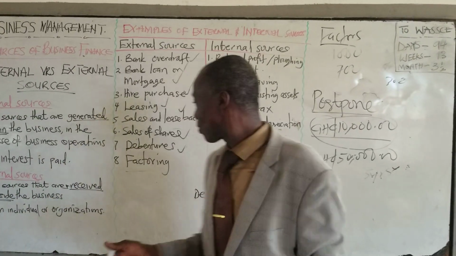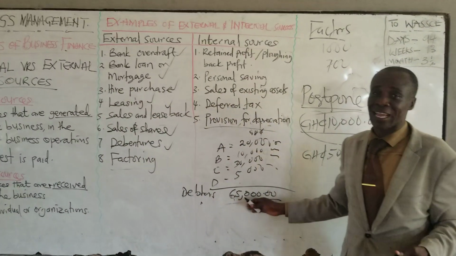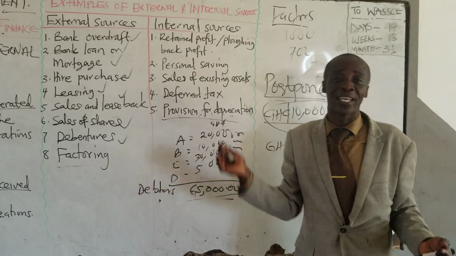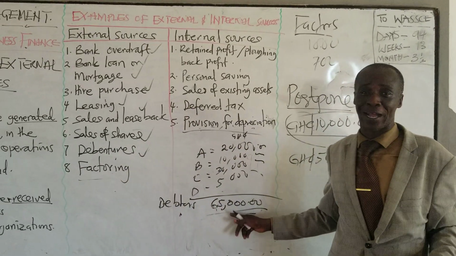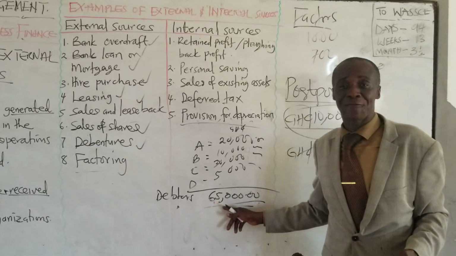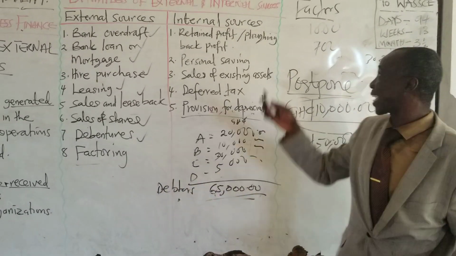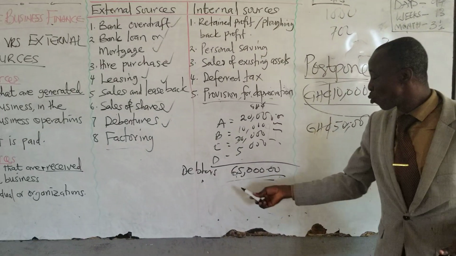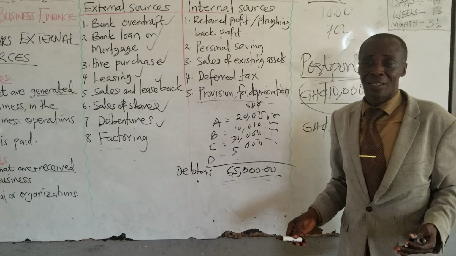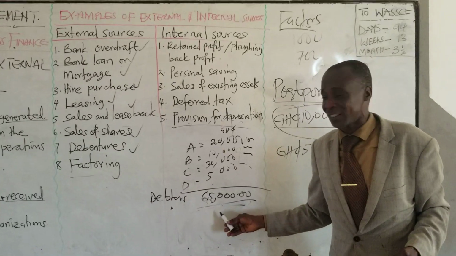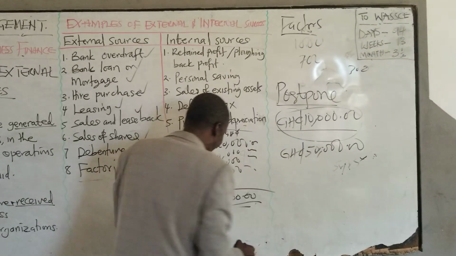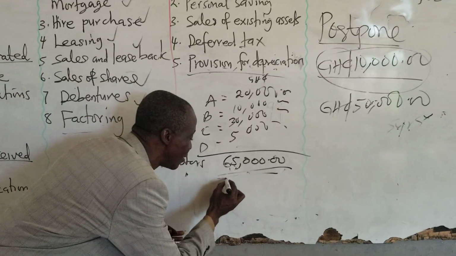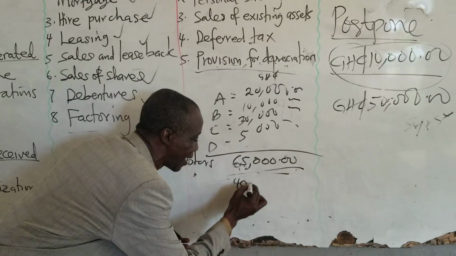Very simple. This is the 5,000 here. That is standing in your books. I'm using an accounting term. They will say it is standing in the books of account. The company, the factor, the company that buys debt, can come to you and say, we want to buy your debt. But they will not buy it at 65,000. Through negotiation, they may buy this debt at, let's say, I'm just assuming, 40,000 Ghana cedis.